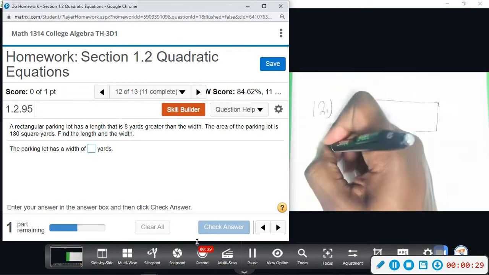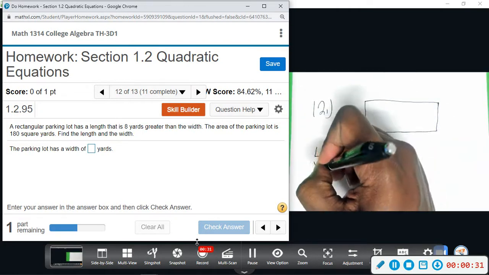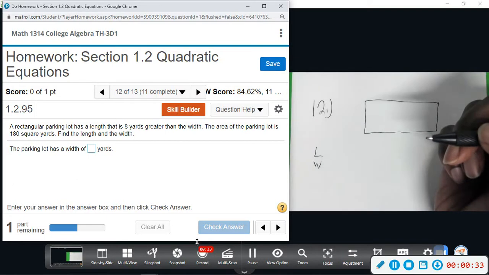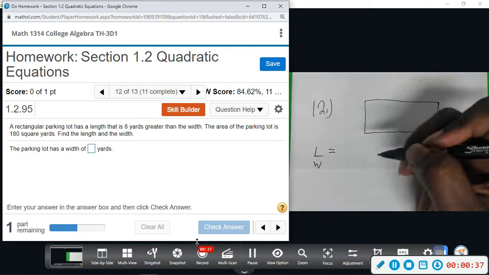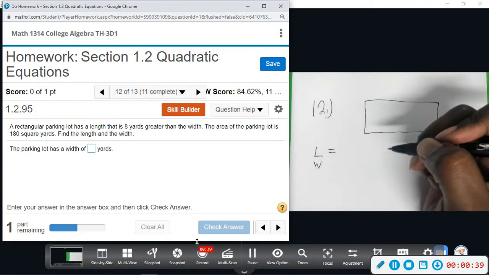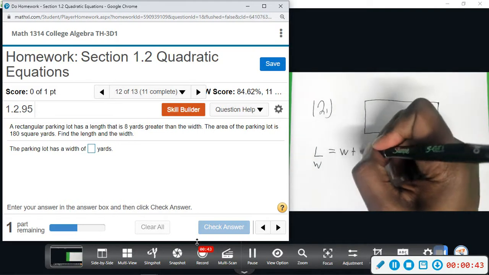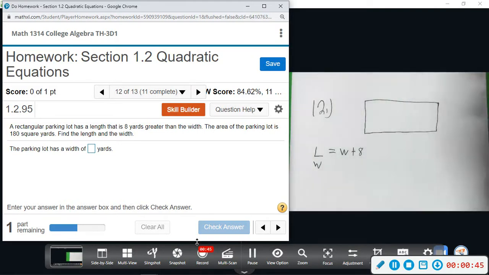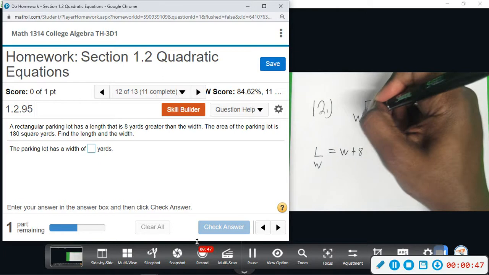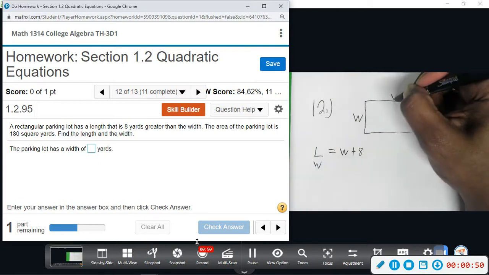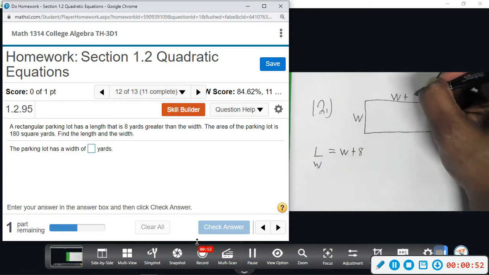We have length and width, and then it says that the length is 8 yards greater than the width. So that's going to be W plus 8. So our width is W, our length is W plus 8.